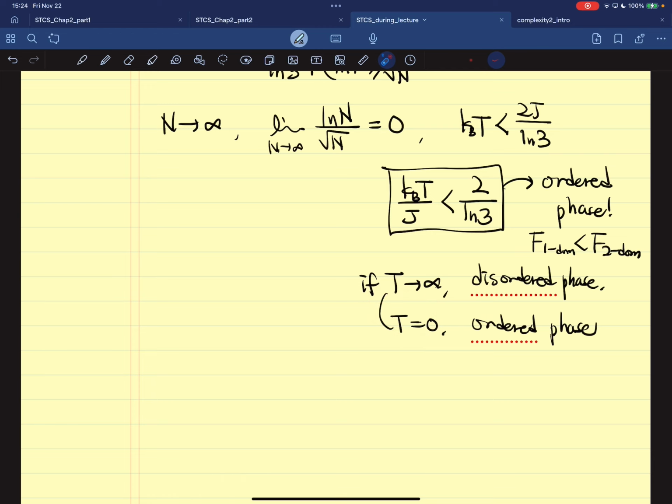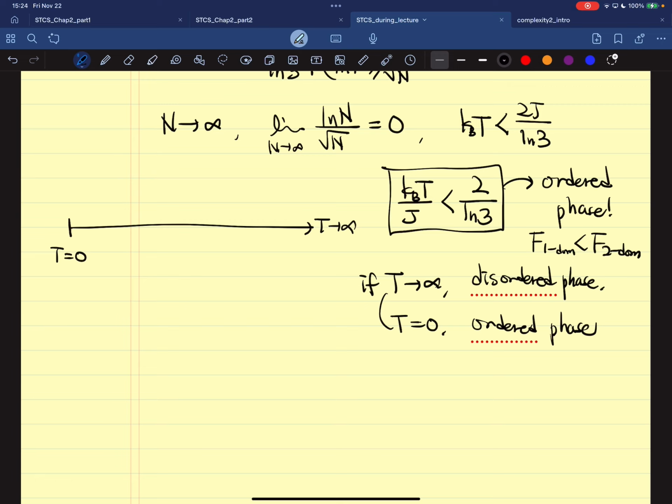But for this two-dimensional system, clearly, if KBT is smaller than this, this is the ordered phase. So I will sketch this. Temperature goes to infinity and temperature goes to 0.